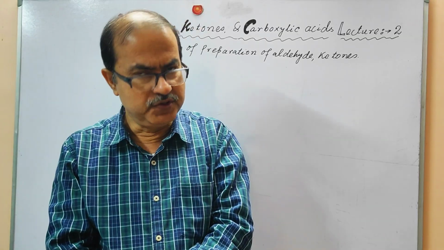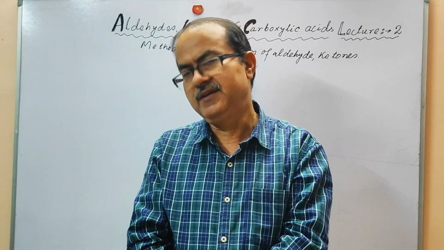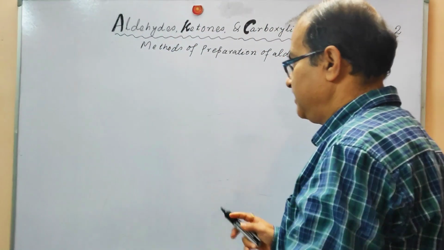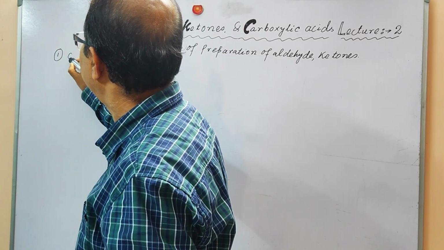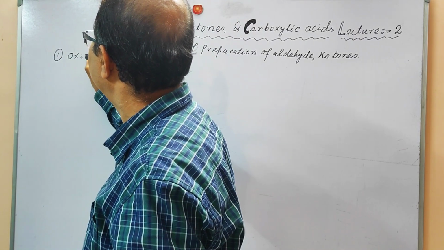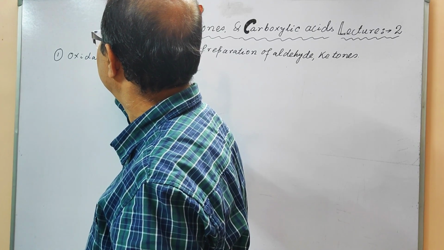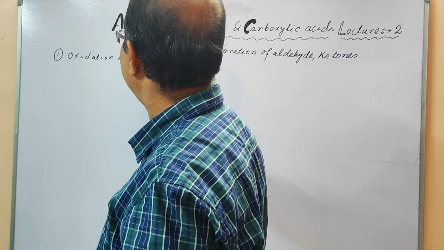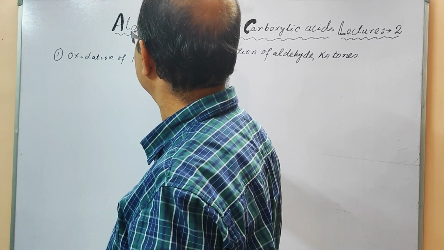There are a lot of methods that are used to produce aldehydes and ketones. The first one that we are going to discuss is the oxidation of alcohol: oxidation of 1 degree alcohol and 2 degree alcohol.